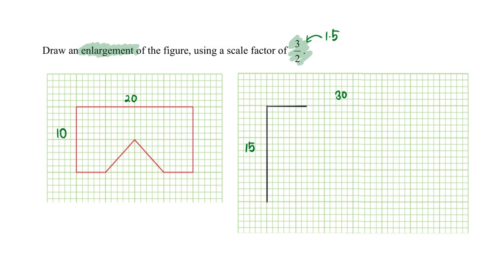So there will be 10 squares here, 20 and 30. Similarly for the other side, it will be 15 squares since the original has 10 squares. Here will be 15. So let's continue to finish this enlargement.